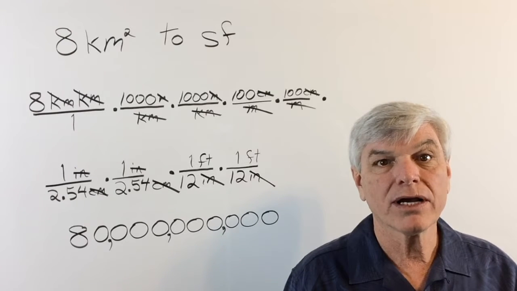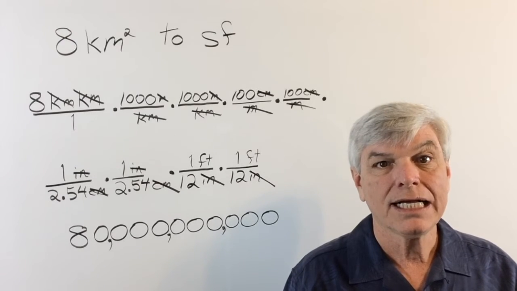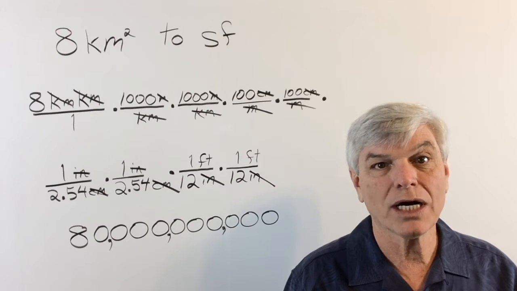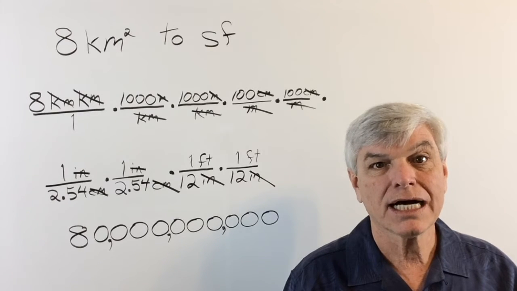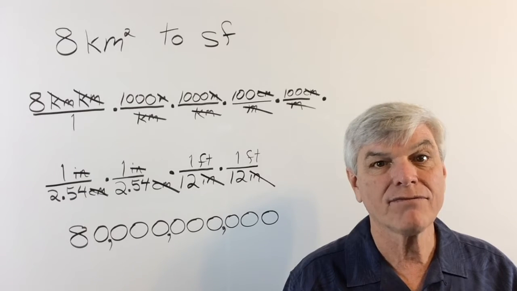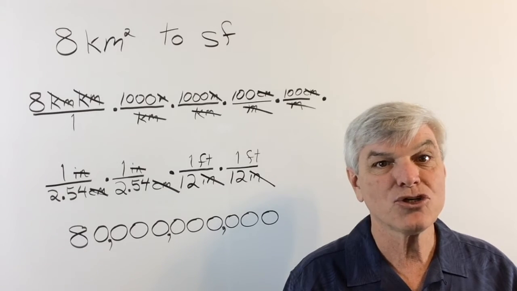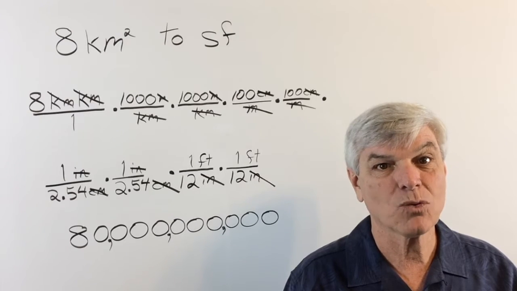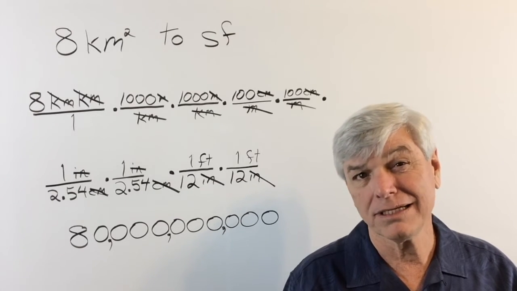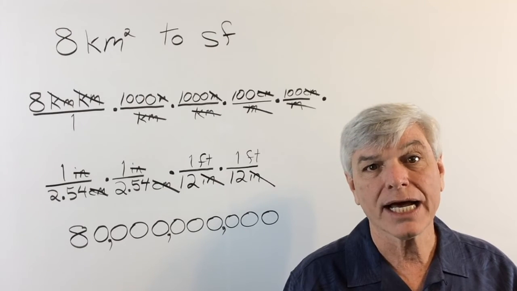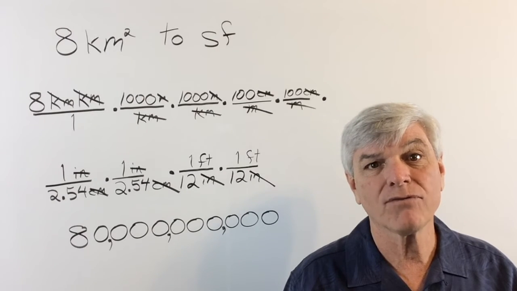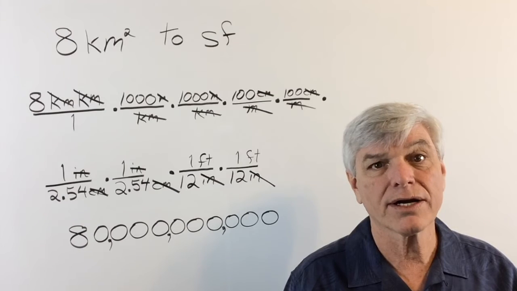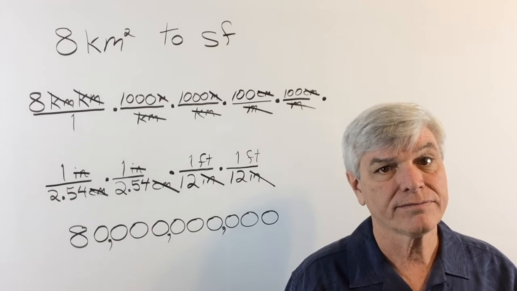Now on the bottom, we are going to multiply 1 times 1 times 1 times 1 times 1 times 2.54 times 2.54 times 12 times 12. Now you can just forget the ones, and we've got 2.54 twice, that is squared, times 12 squared.